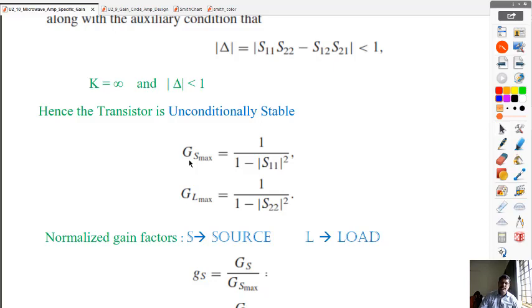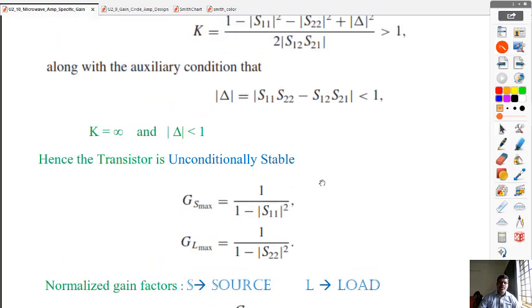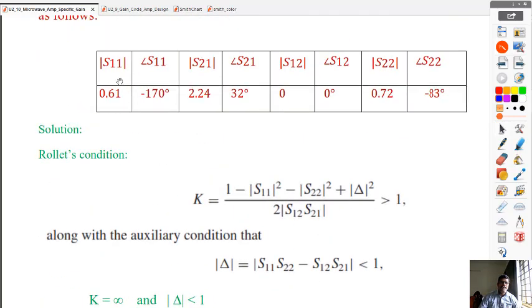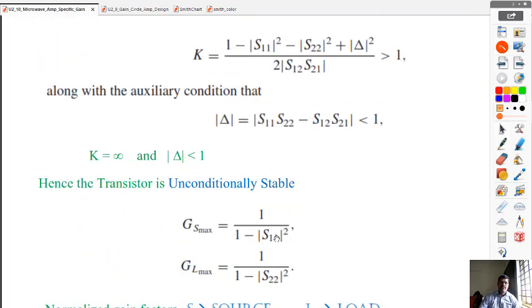Under this condition, the input stage along with the input matching network gives the maximum gain of GS max, which equals 1 by 1 minus modulus of S11 squared. Now you substitute the amplitude of S11, that is 0.61 here, and simplify.